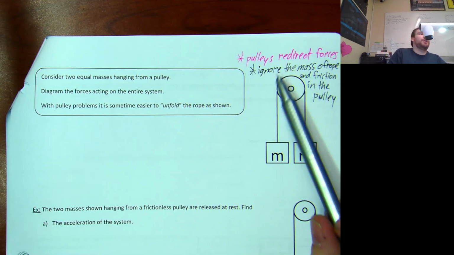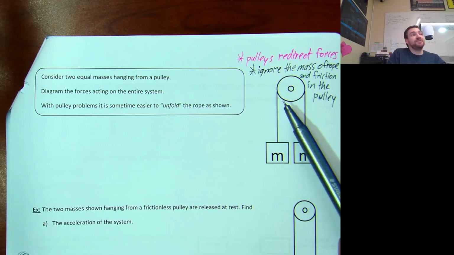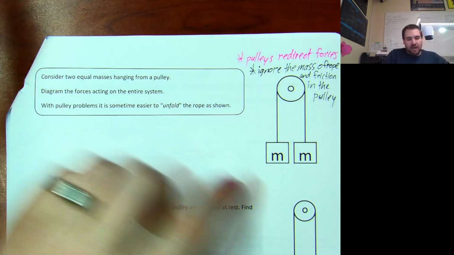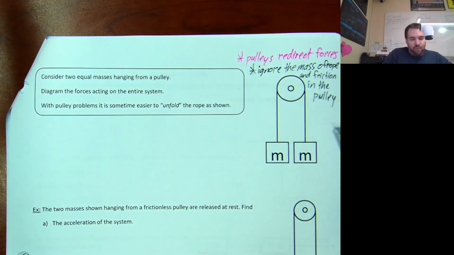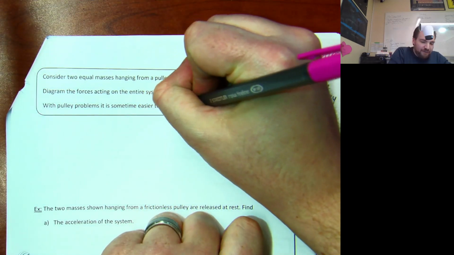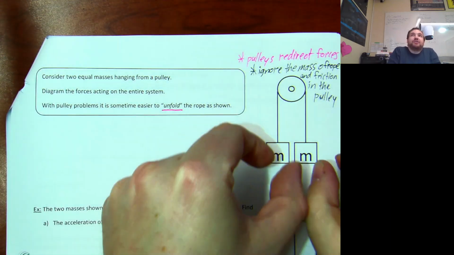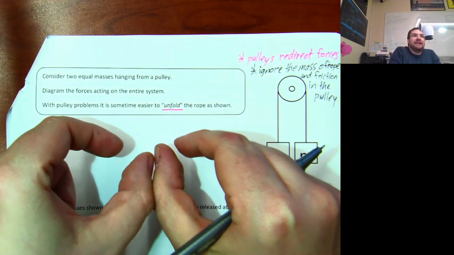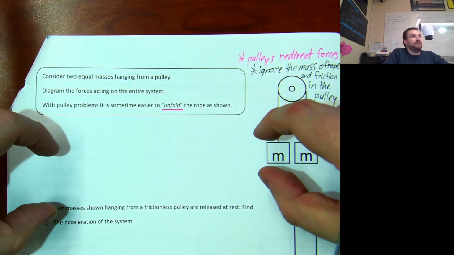So because the pulley is just redirecting the force, we can redraw this as if the pulley isn't there. Okay? I wrote it here as being unfolded, but basically what you're doing is picking this object up off the pulley and stretching it out like this.